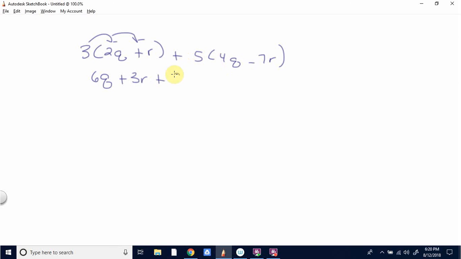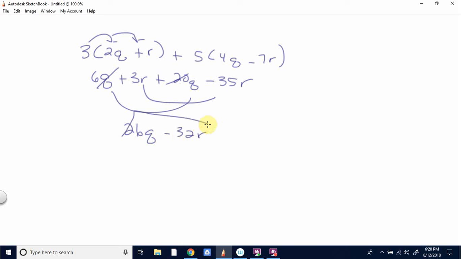Positive 5 times 4q is 20q. Positive 5 times negative 7r is negative 35r. Now, do we have any like terms? These two are like terms, so that's 26q. And these two are like terms, which is minus 32r. And that's as far as you can go because these two aren't like terms, and this would be your solution.